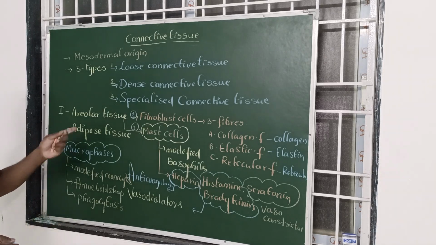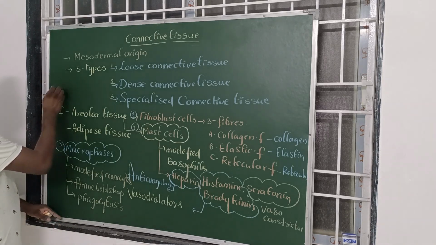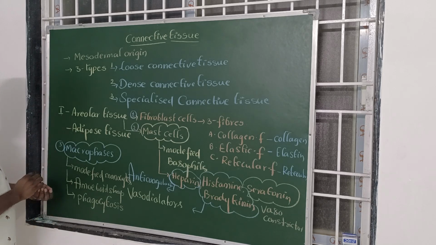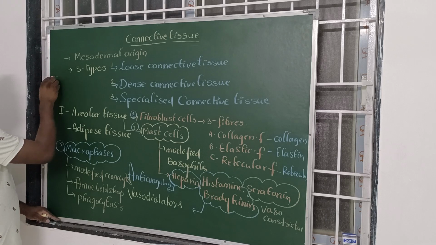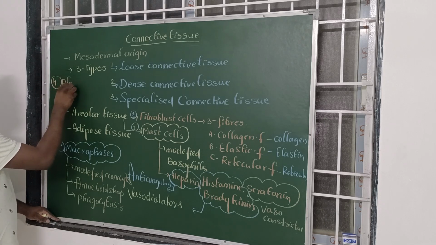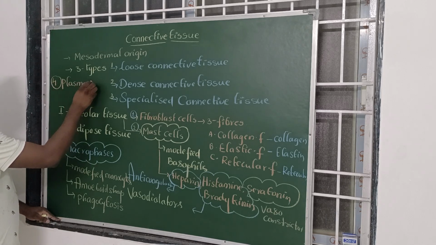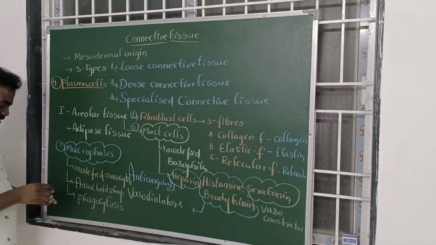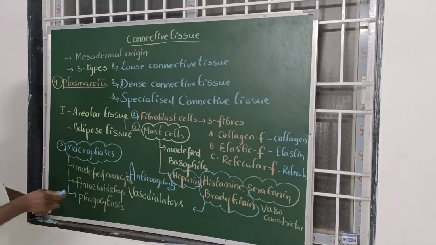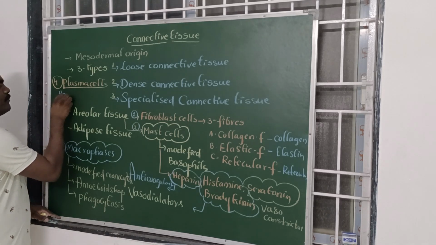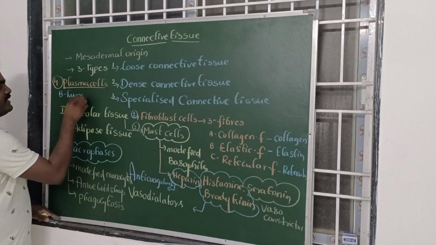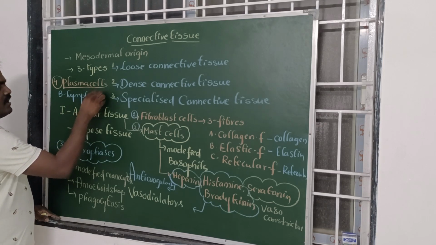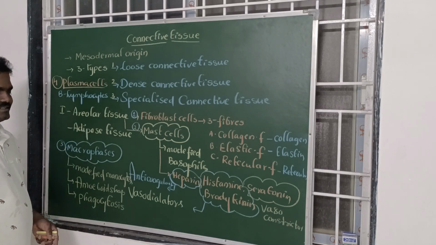The fourth type of cell of areolar tissue is the plasma cell. These are derived from B lymphocytes, and they produce antibodies.